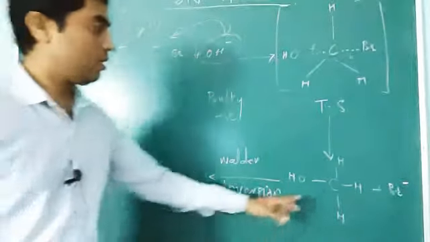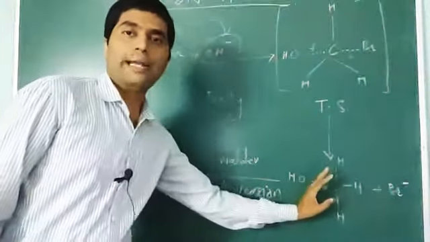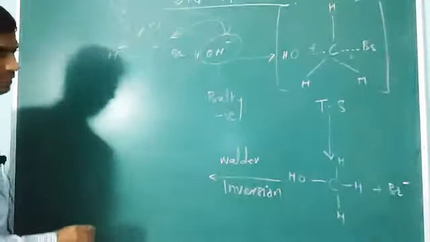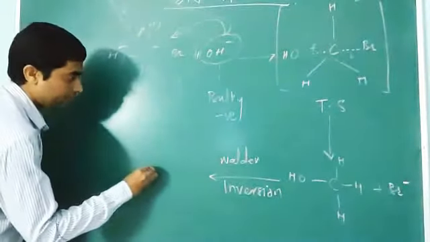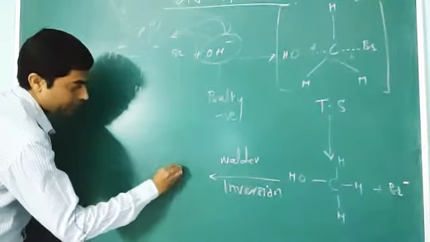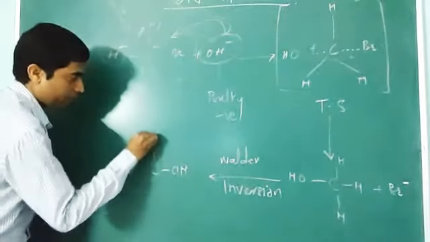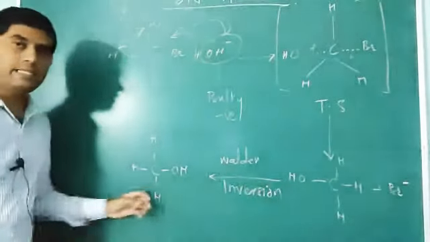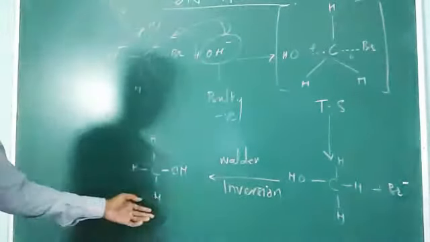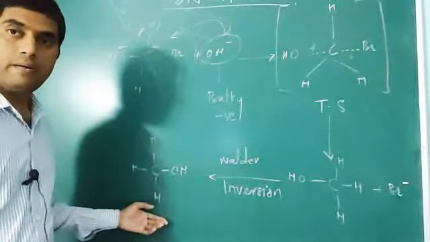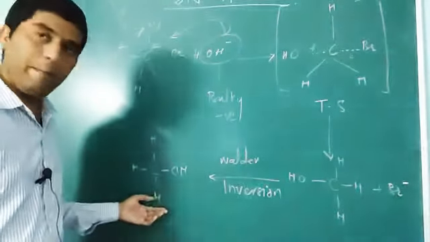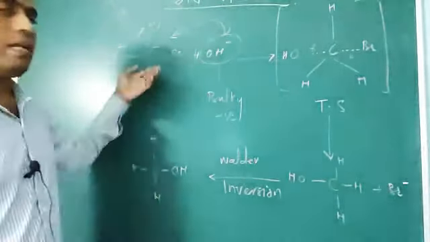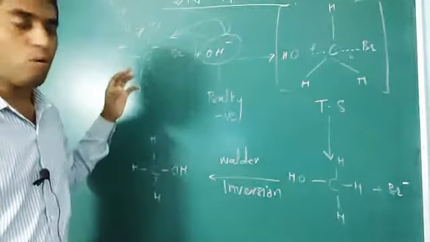This molecule rotates 180 degrees and we get this molecule. This is the product which contains the same structural configuration as methyl bromide.